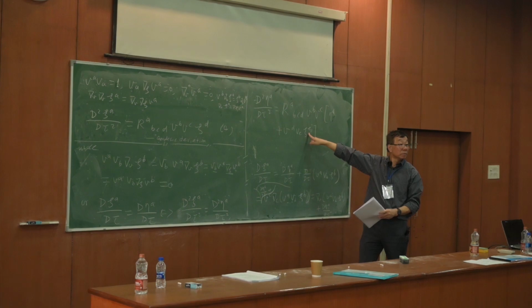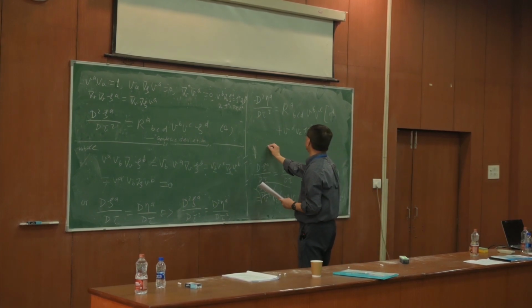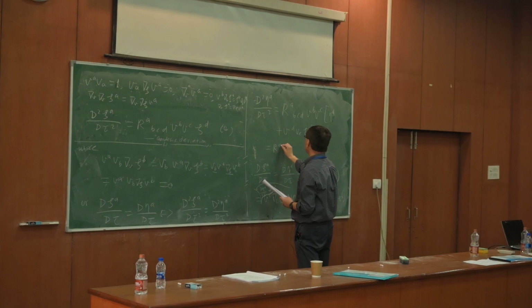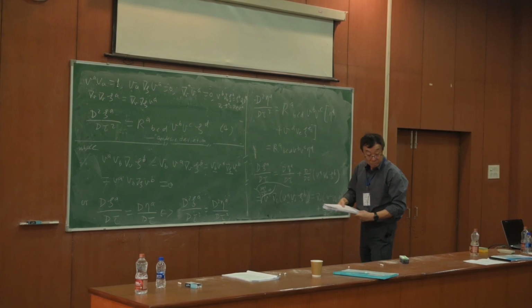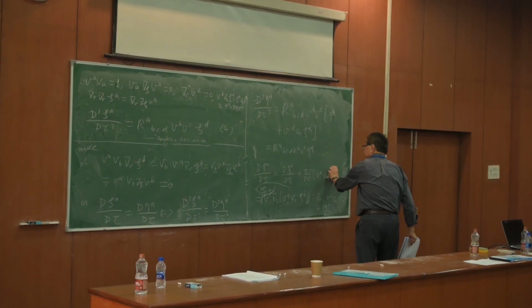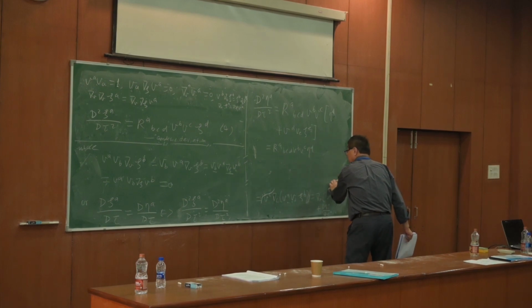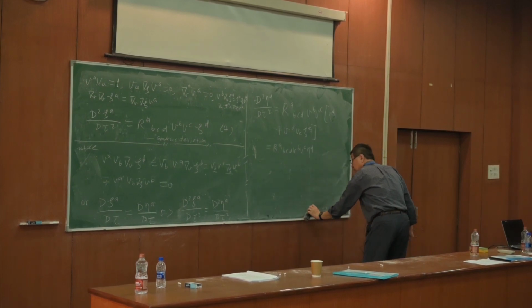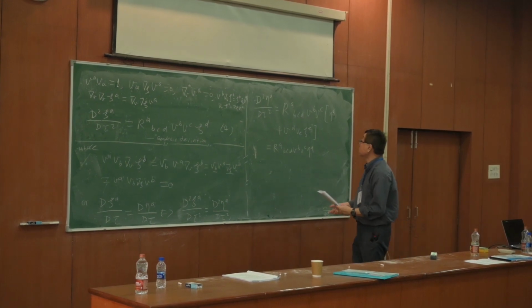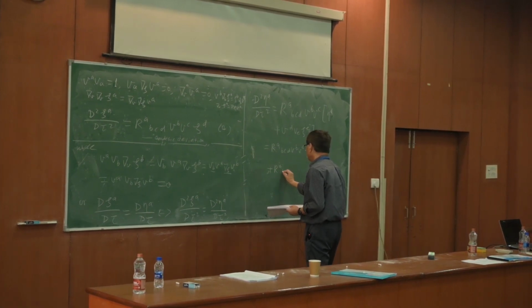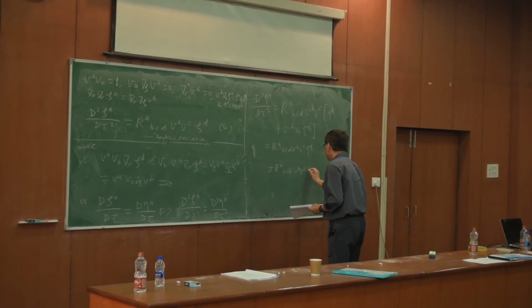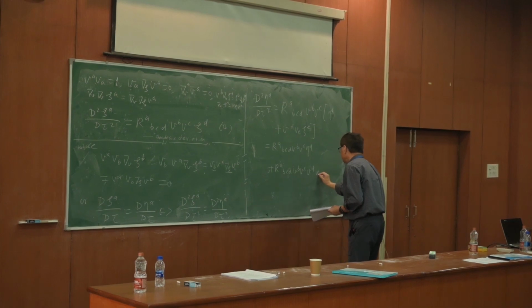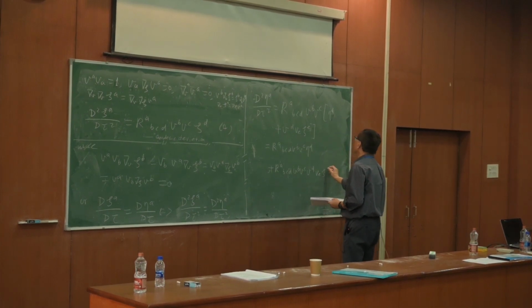I just use e. So this actually equals R_{abcd} v^d v^c e^d plus R_{abcd} v^d v^c v^d v^e psi_e.